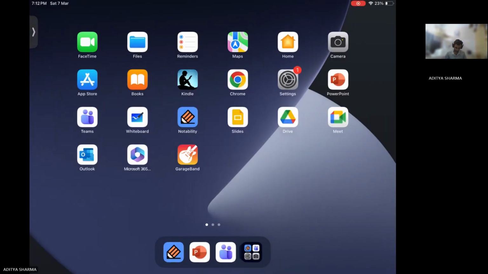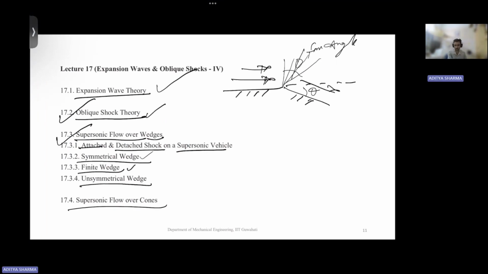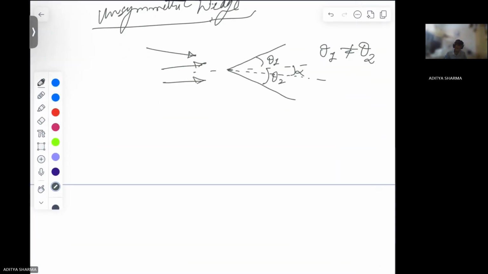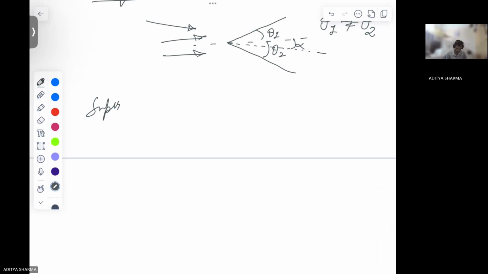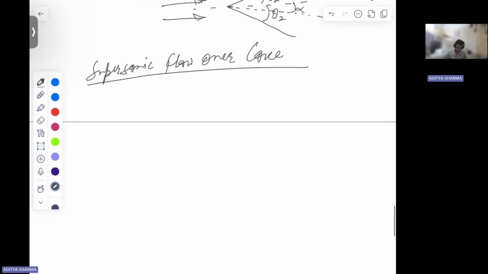Then what is there? There was supersonic flow with poles. So cone was 2D.